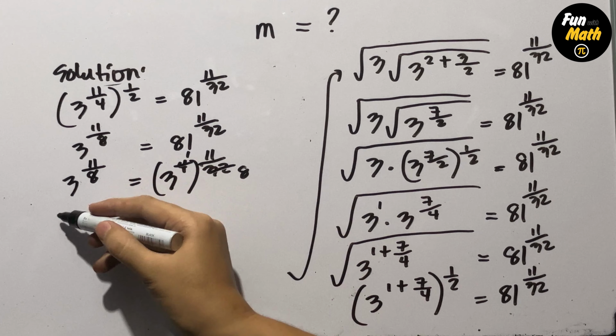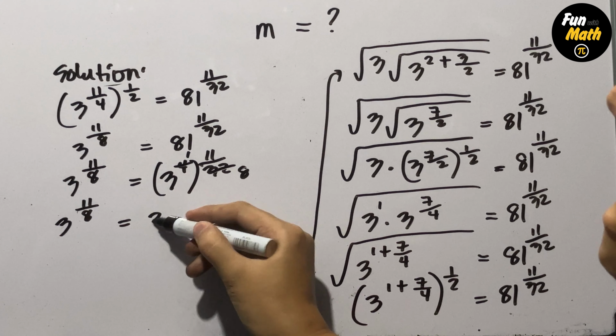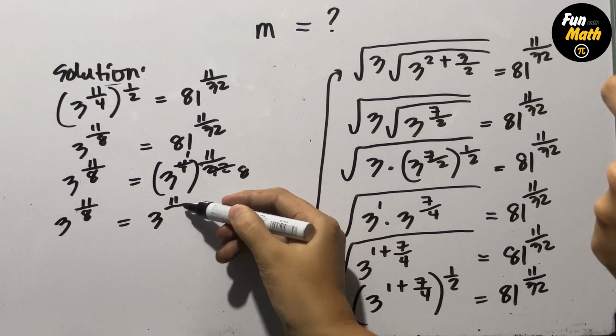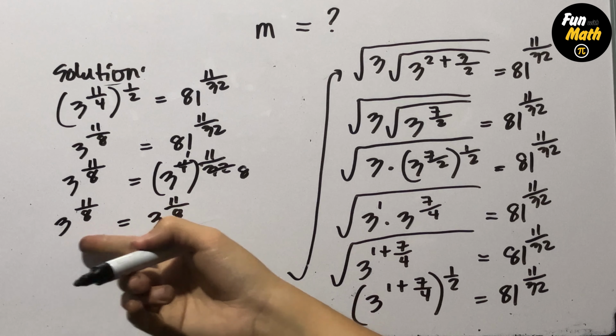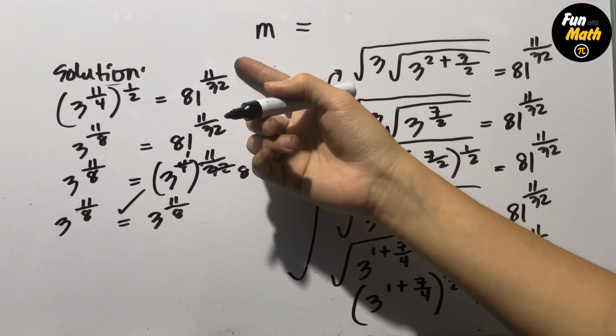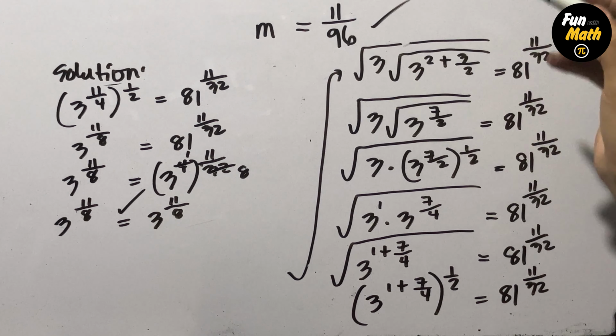So now 3 to the power of 11 over 8 equals 3 to the power of 1 times 11, that is 11, over 8. If you observe, they are equal. That means the value of m, which is equal to 11 over 96, is correct.